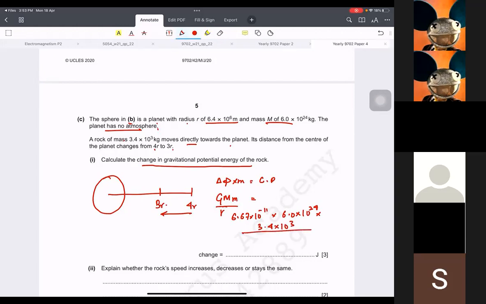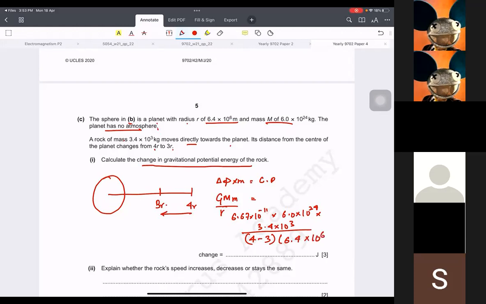Now there is a change in r from 3r to 4r, so we are going to write 4 minus 3, and r is 6.4 times 10 raised to 6.